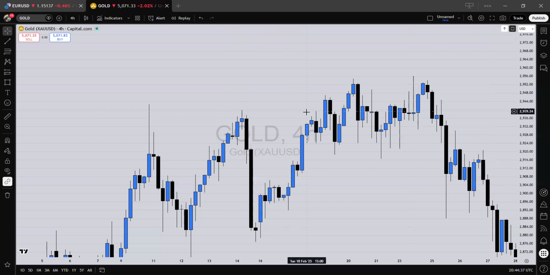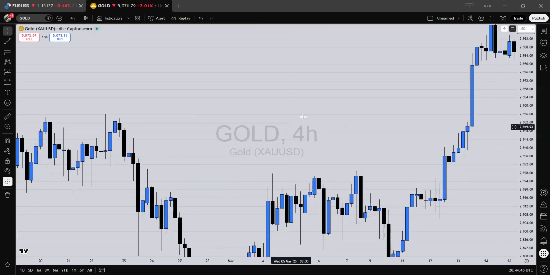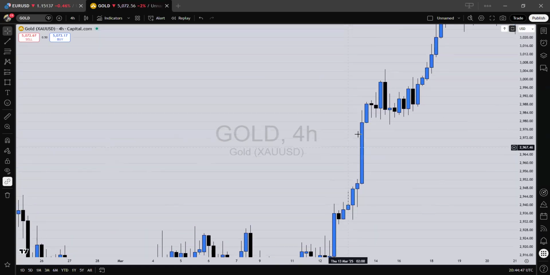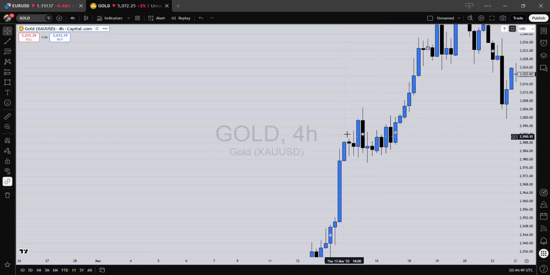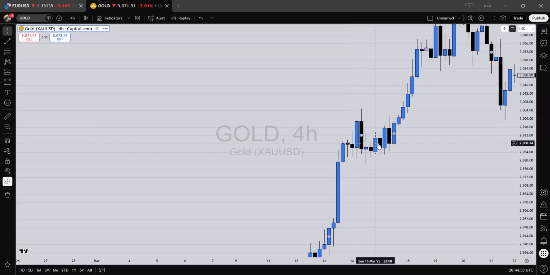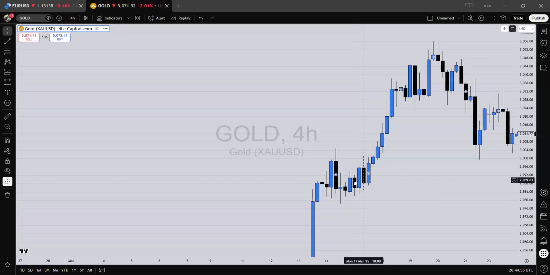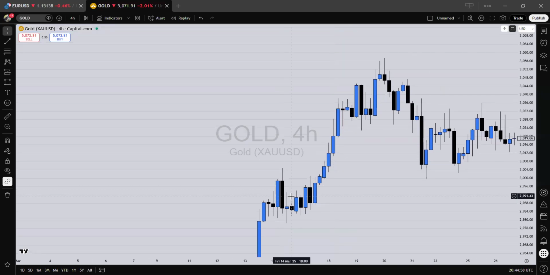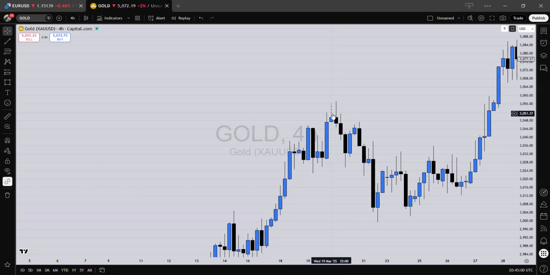Look at this one now. 2900 zone, 2950, my minor psychological level. 80 zone, 2985. This is just a small retracement. It doesn't really count as anything.